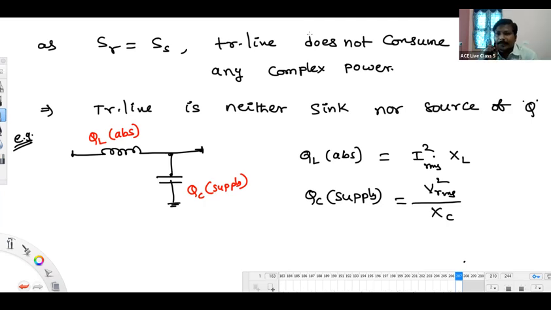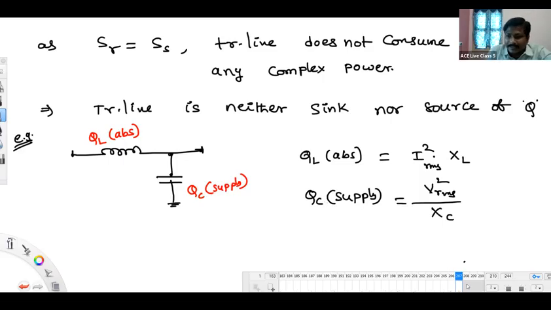QL absorption and QC supply we have written. Now, based on these two, what is the net reactive power absorbed by the transmission line? It is QL absorption minus QC supply.